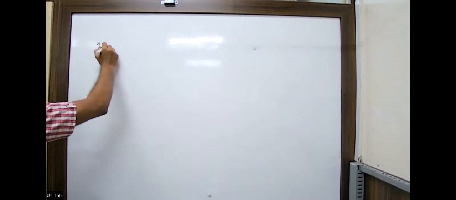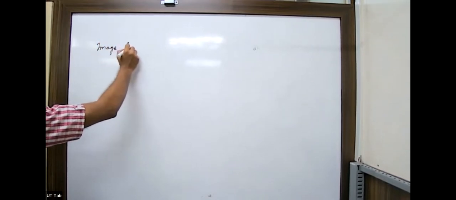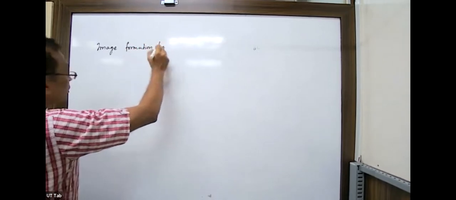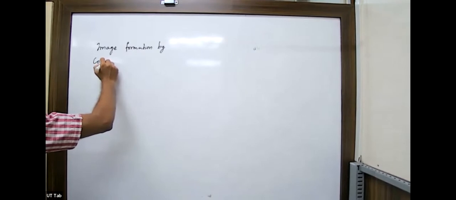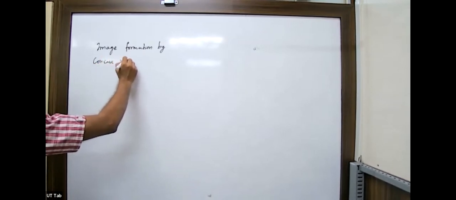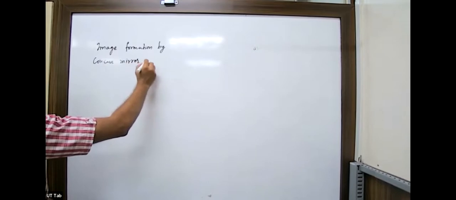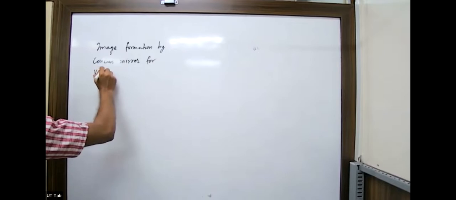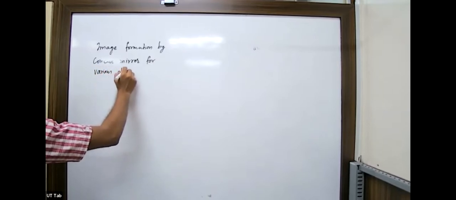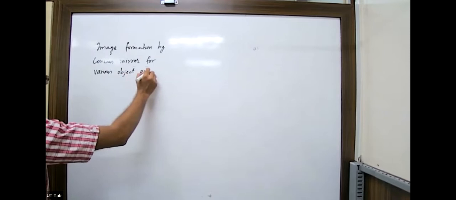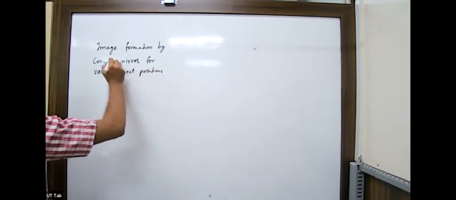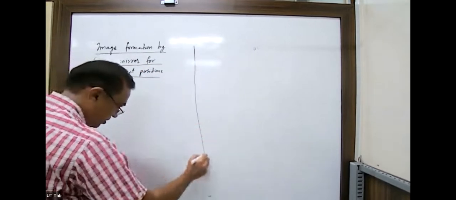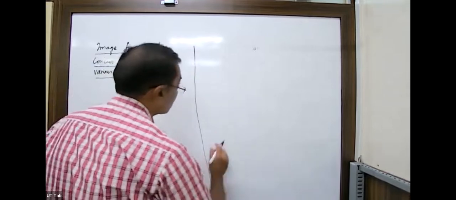So today I'll start with image formation by concave mirrors for various object positions. So what are the object positions? Let us understand that.